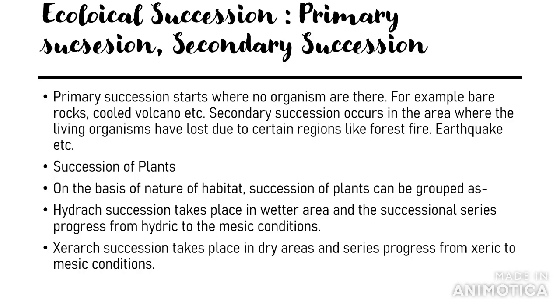On the basis of nature of habitat, succession of plants can be grouped as hydrarch. Succession takes place in wetter area and the successional series progress from hydric to the mesic conditions. Xerarch succession takes place in dry areas and series progress from xeric to mesic conditions.